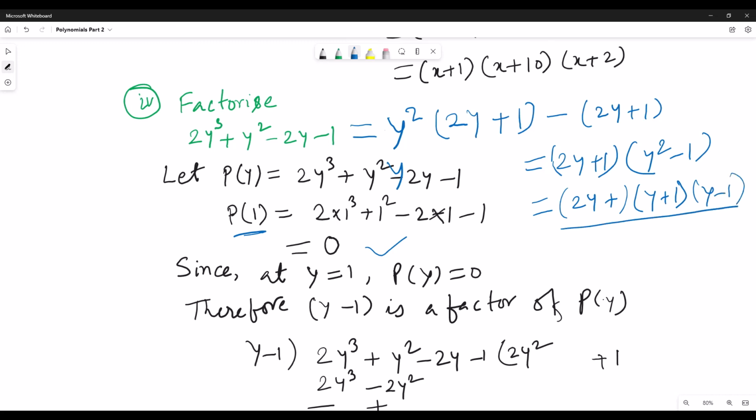So this is a much simpler way than finding the zeros of the polynomial, but to understand the factor theorem, this needs to be done.